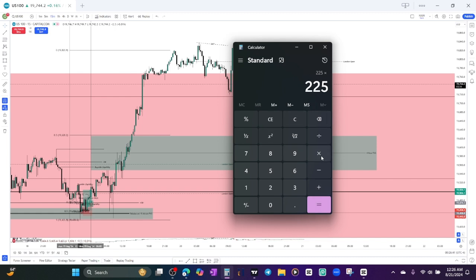Times 5.42 RR. 225 times 5.42, you would have made $1,219.50 in an hour and 35 minutes during a Monday London session before the sun even rose.